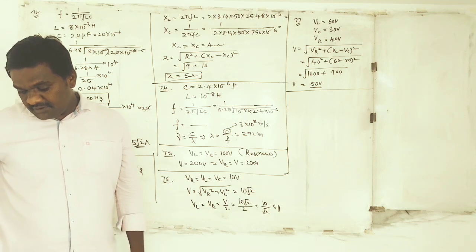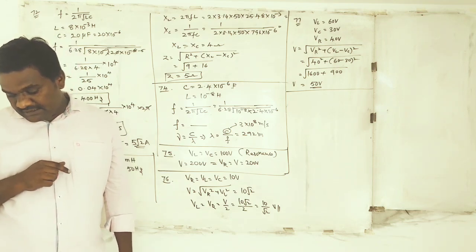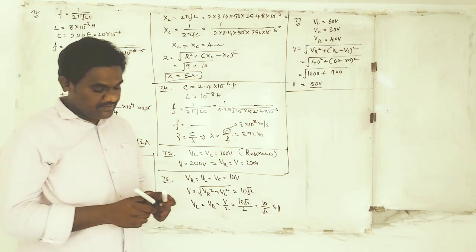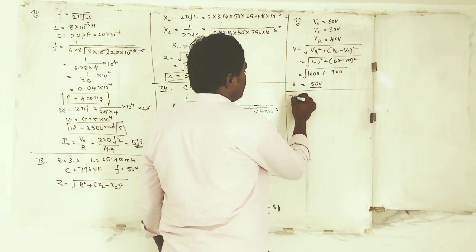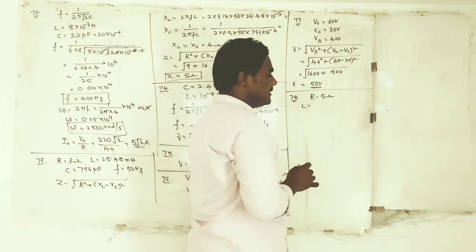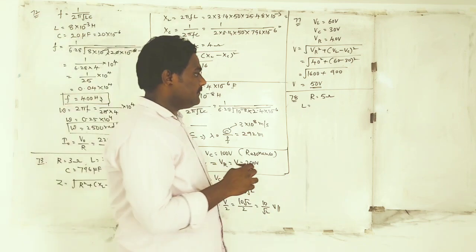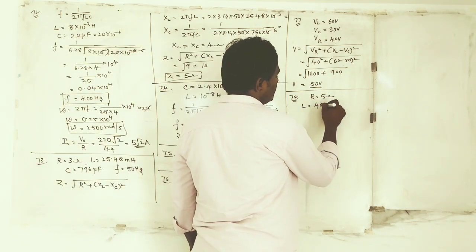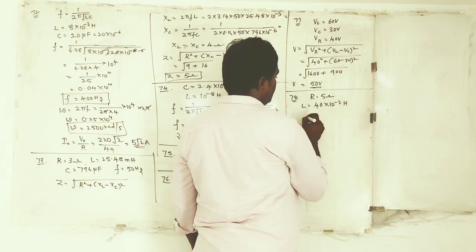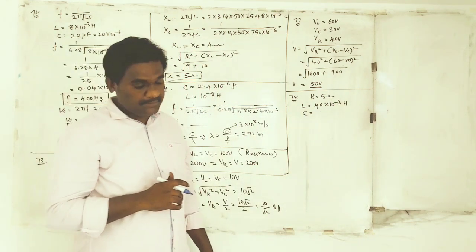Okay. Now question number 78. A series LCR circuit, R is 5 ohms is given. R is equal to 5 ohm and L is given as 40 millihenry, that is 40 into 10 power minus 3 henry, C is equal to 1 microfarad.